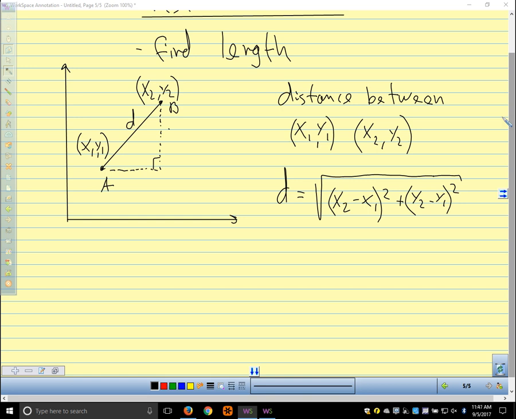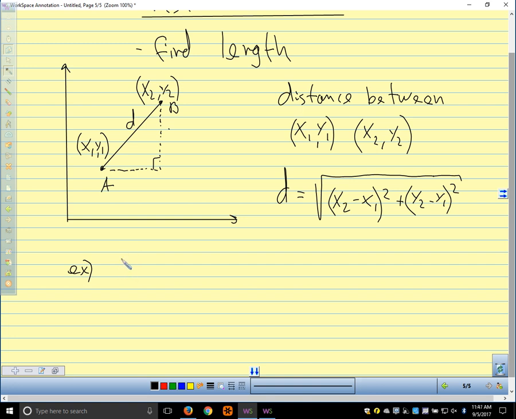All right, so let's look at an example of calculating distance. Now I want to point out, for distance we get one number. For midpoint we ended up with an x and a y. For distance we just get one number.